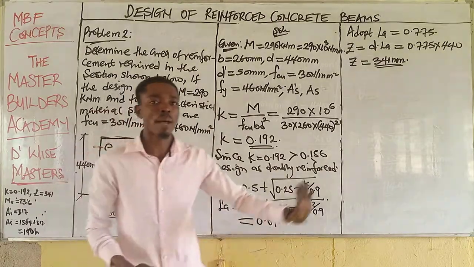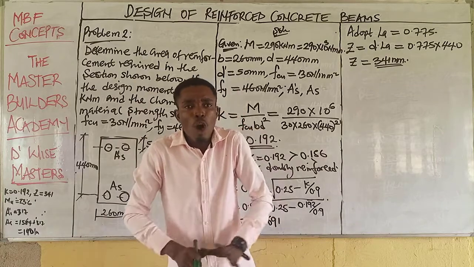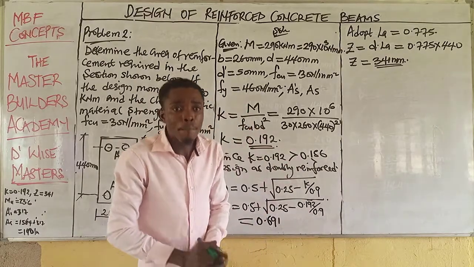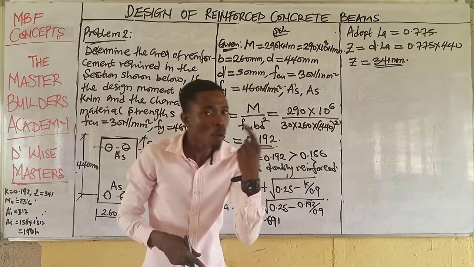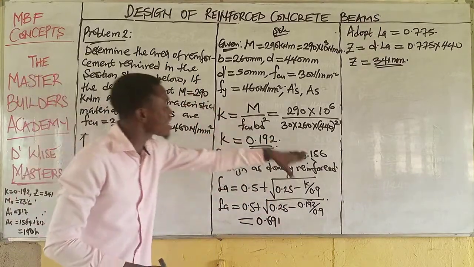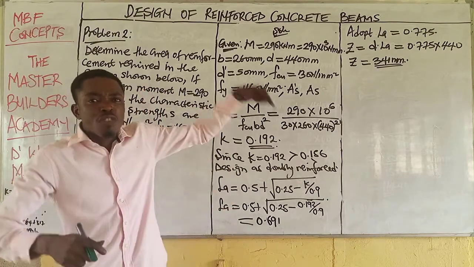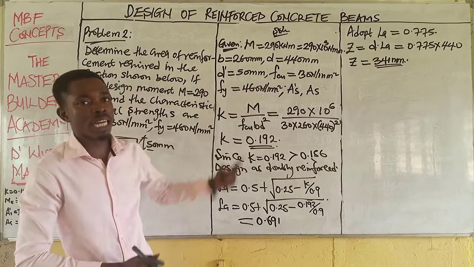But let's check with the other method. What was the other method? We said that the ultimate moment of resistance to be offered by the concrete must be less than the applied moment. The applied moment here is 290. That means for this to be designed as doubly reinforced, the ultimate moment of resistance of this concrete itself must be less than this value.